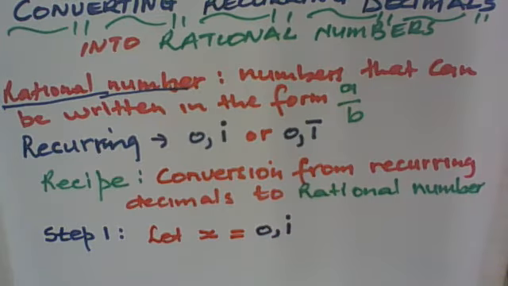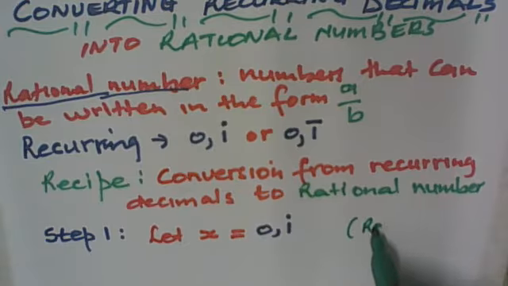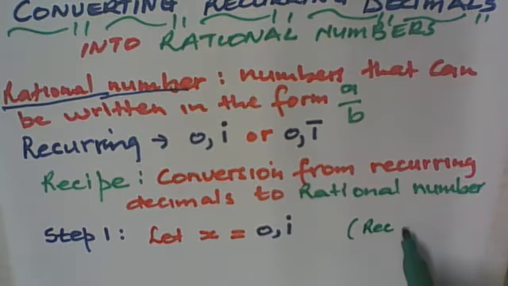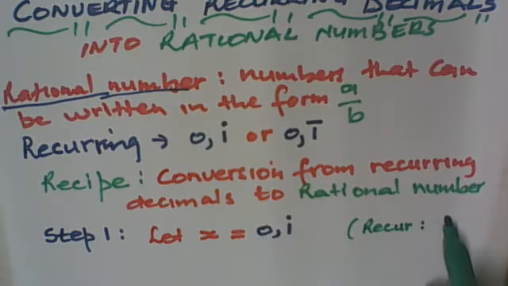And then the secret here is how many digits are recurring. Recurring digits, that is only 1 digit. Recurring digits is only 1.